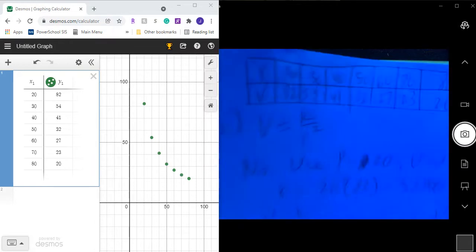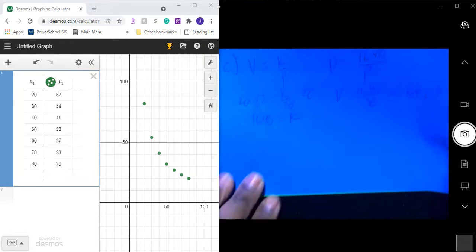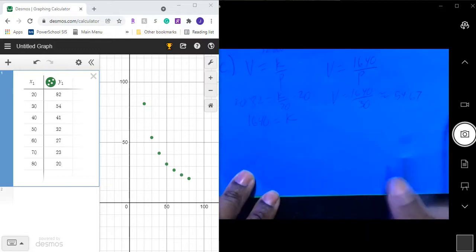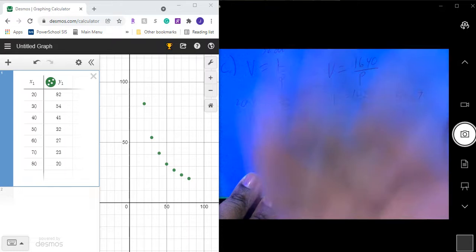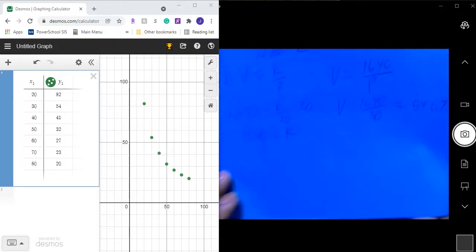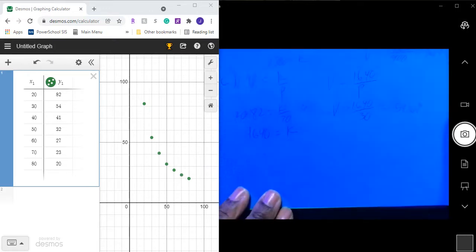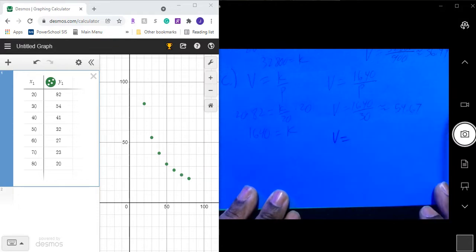It's not exact, but it's close. And I don't know what has happened to the light here, but it seems very light now. So let me try a different writing utensil. Okay, so now we're going to try a different value. Oh, that didn't help much.